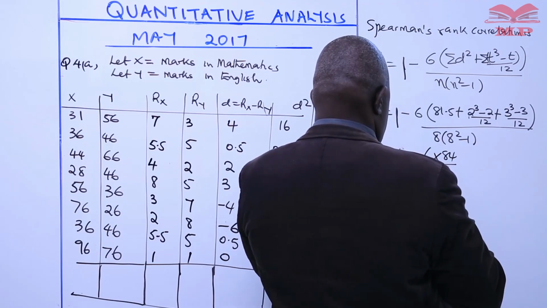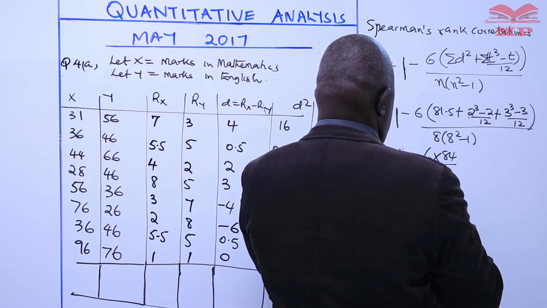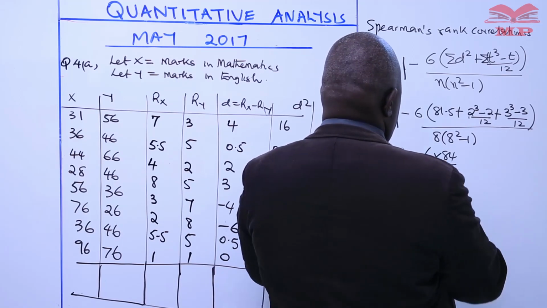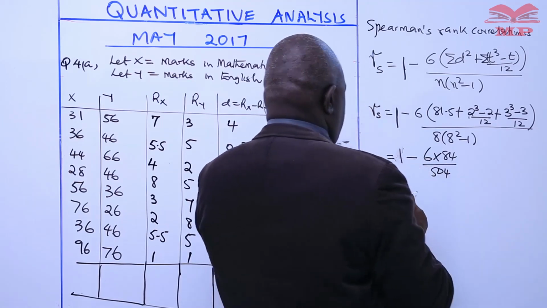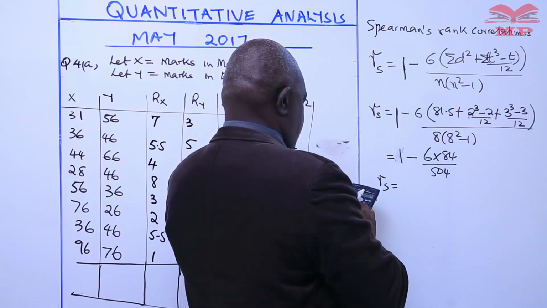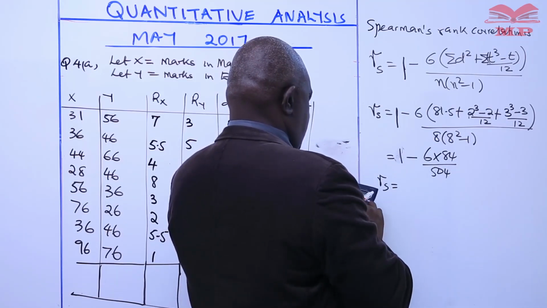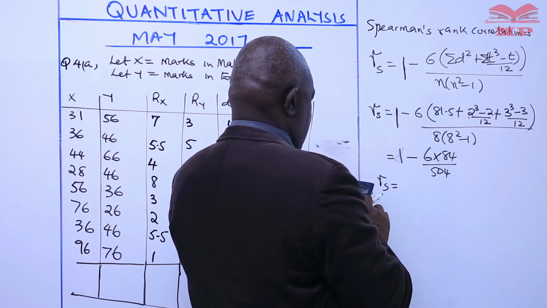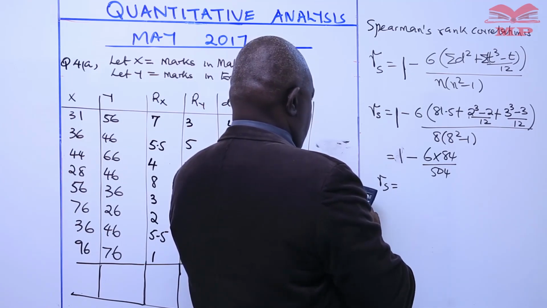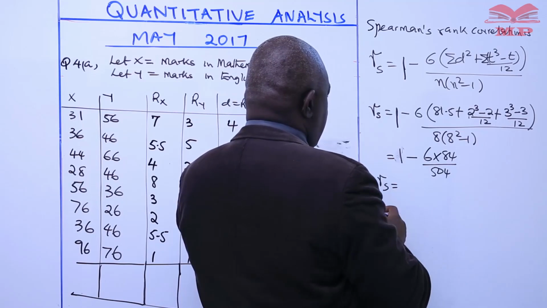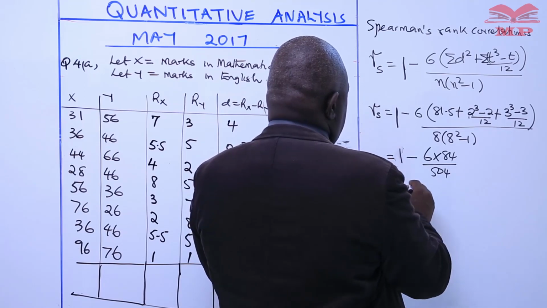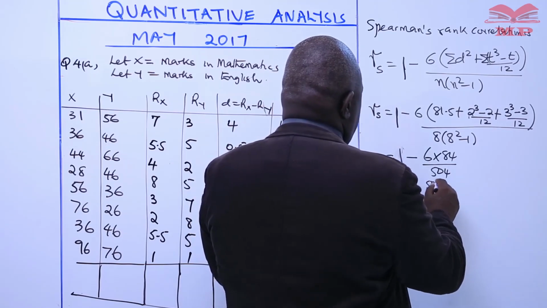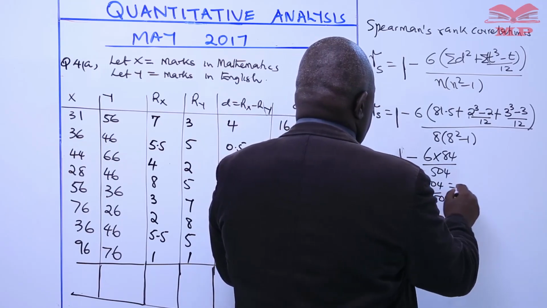over 504. So R_S equals 1 minus, the other one is 504 over 504, which is 1, so the result is 0.